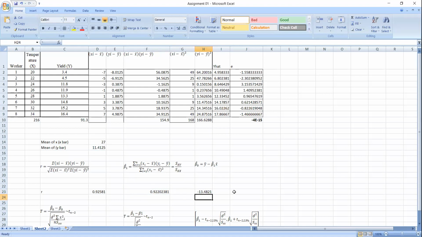So this is our equation. In other words, you can write your equation as y equals minus 13.4821 plus 0.922 into x. This is our fitted model using the data set.